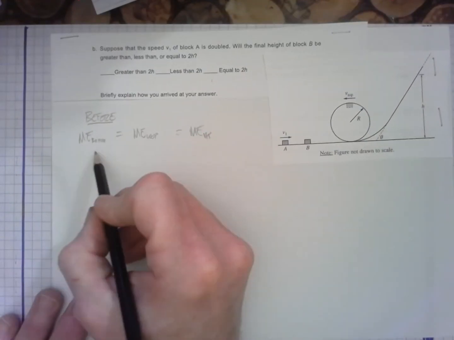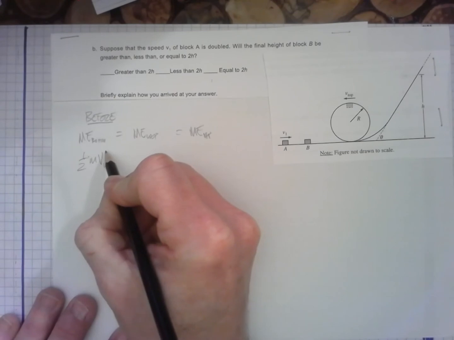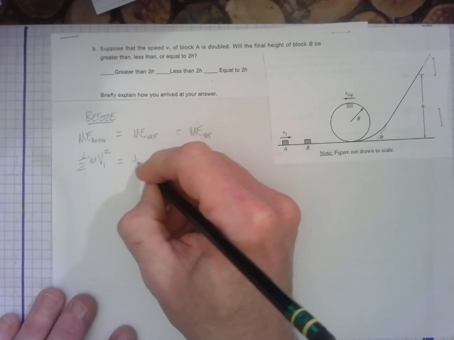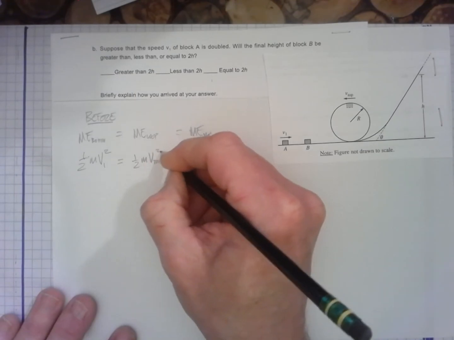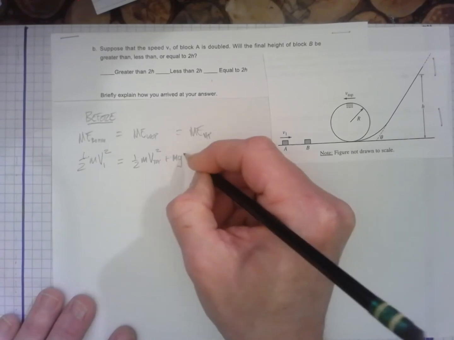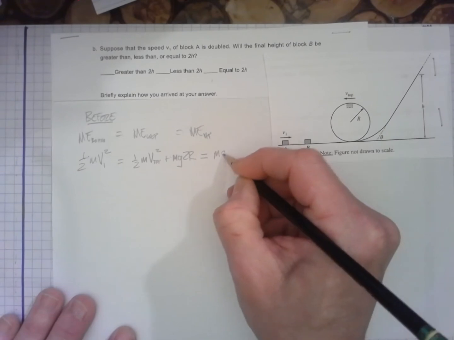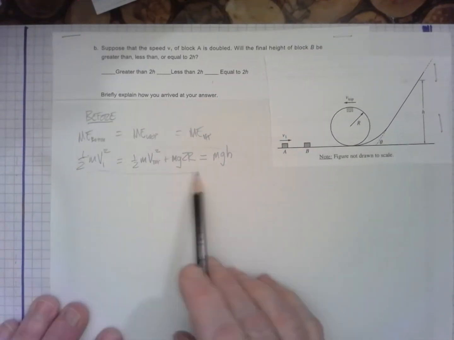I haven't doubled it yet. So 1/2 m V1 squared equals 1/2 m V top squared plus mg2r equals mgh. So this was the initial situation.